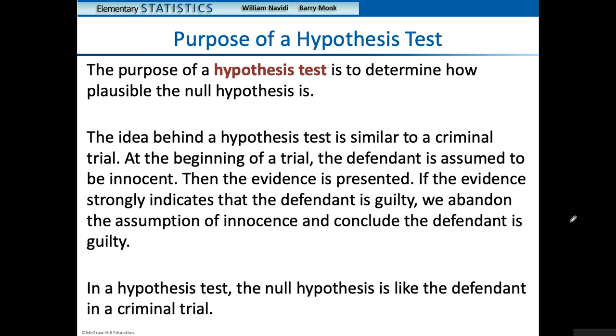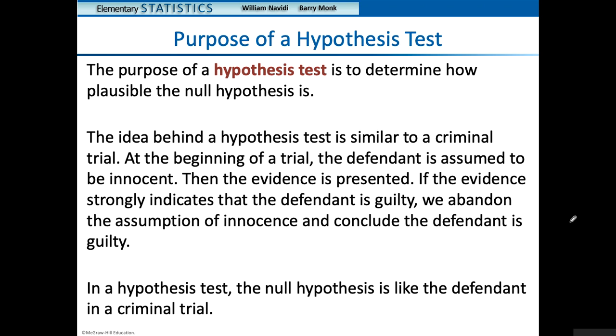At the beginning of a trial, the defendant is assumed to be innocent, and then the evidence is presented. If the evidence strongly indicates that the defendant is guilty, we would abandon the assumption of innocence and conclude that the defendant is guilty.